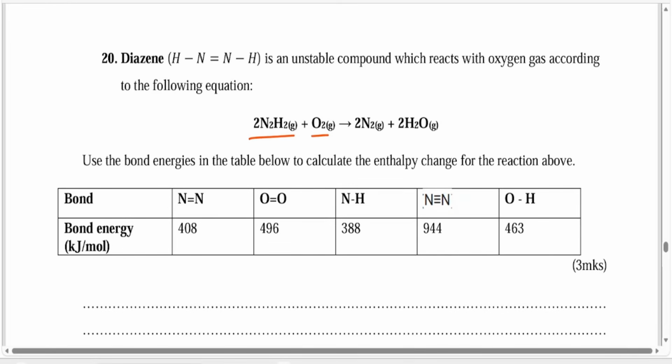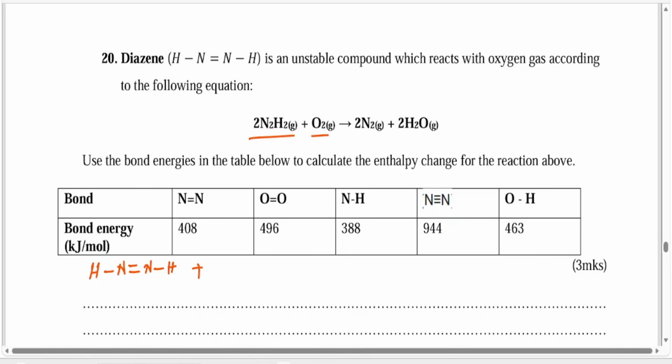We are going to rewrite this equation by opening the compounds, or the molecules, that we are given. So in this case, to open diazine, I have H, N, then a double bond, N, H. That is how diazine bonds.